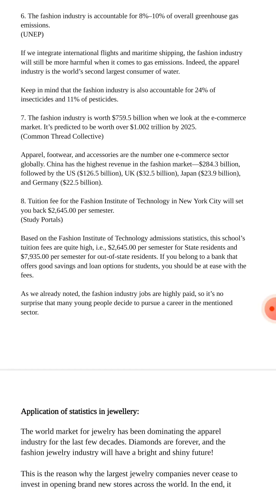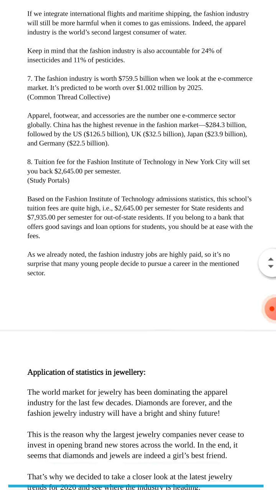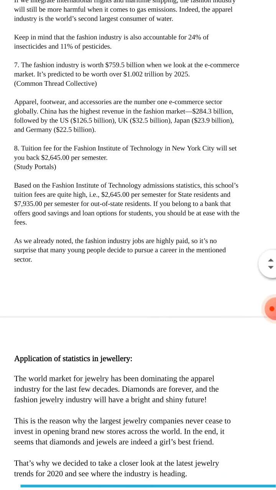Tuition fees for the Fashion Institute of Technology in New York City will set you back $2,645 per semester. Based on the Fashion Institute of Technology admission statistics, the school tuition fees are quite large. That is $2,645 per semester for state residents and $7,935 per semester for out of state residents.